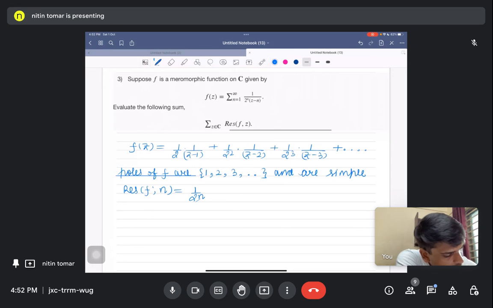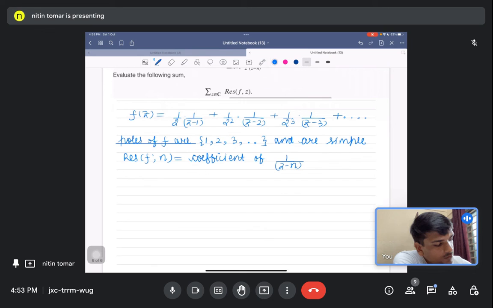Because there's some confusion, I will write it out. In the Taylor series expansion, the residue of f at n will be the coefficient of 1 upon z minus n. So in some neighborhood of 1, you can stay very close so that it does not contain any other integer, right?